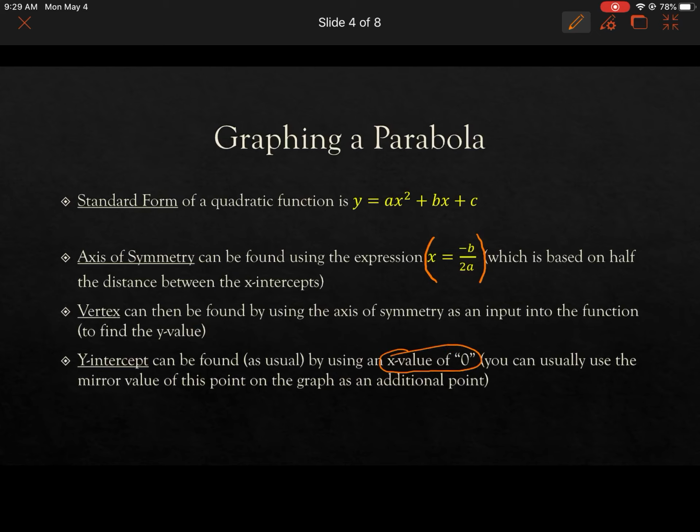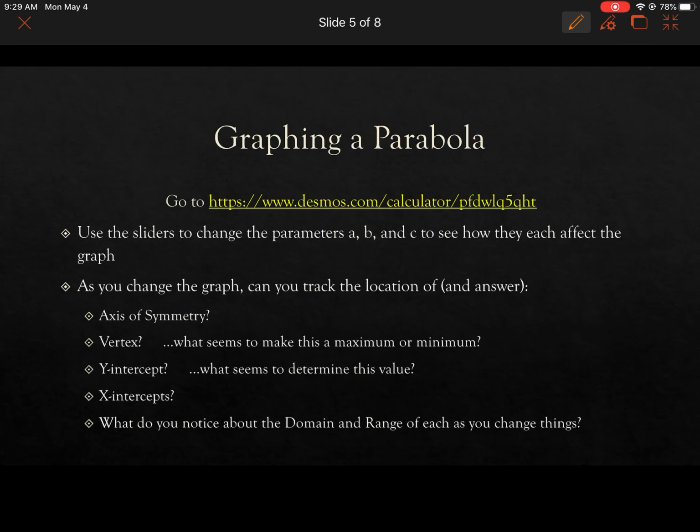So if we substituted a 0 in for our x's here, that would make this term go away and this term go away. So our y-intercept is going to be whatever this constant value is. That's actually another easy point to find and graph. Now, the nice thing about having a y-intercept is we can then reflect it across the other side of the line of symmetry in order to get another point without having to do a bunch of plug and chug.